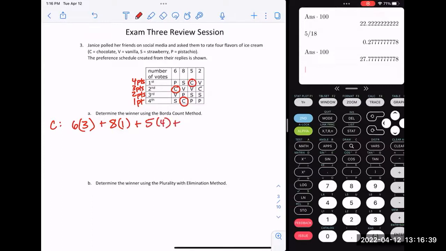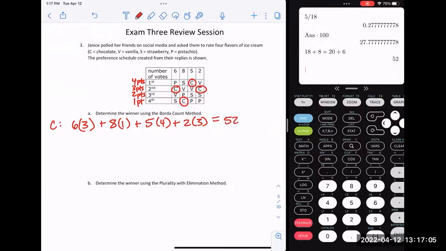And in the last column, there were 2 voters that gave chocolate 3 points. So all I'm going to do here is just multiply all those together and then add all that up. So in this case, I will get that chocolate has, let's see, 18 plus 8 plus 20 plus 6. So they're getting 52 points.